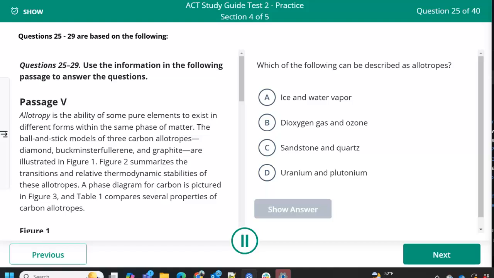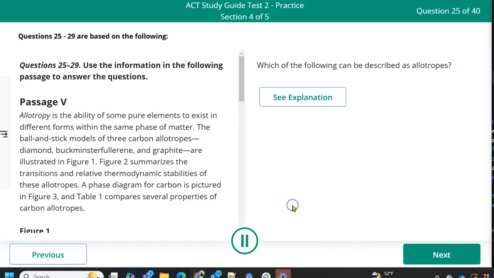Sandstone and quartz, okay, they're multi elements. They're not elements. And D, uranium and plutonium. Those are both elements, and I guess both solids, but they're not the same element. So the only one that works here, according to the definition, is B.